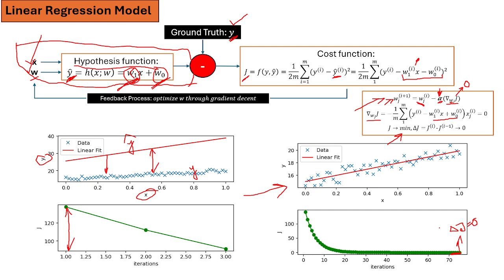Another important thing is that we have optimized our problem, and we know that we have found our finalized hypothesis function that can predict. Say we have a random value that is not represented, for example here in between this.